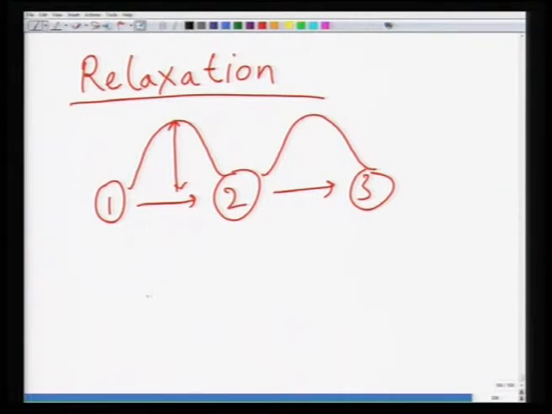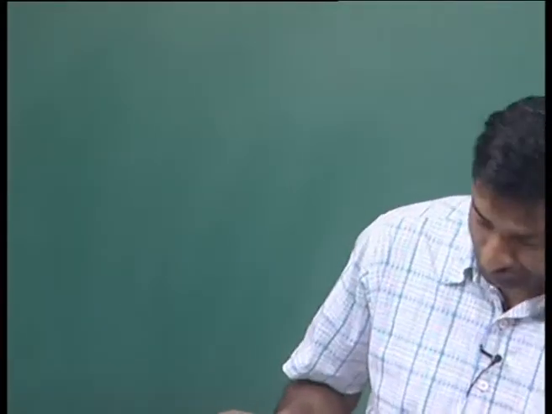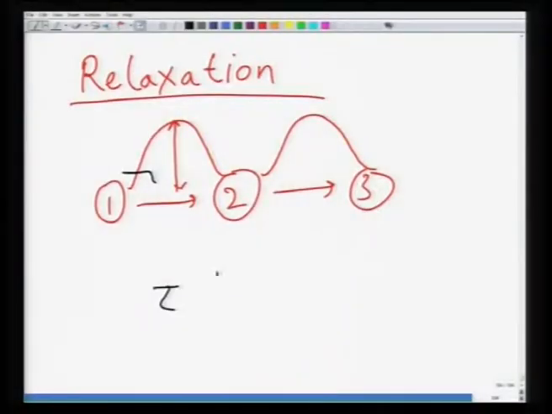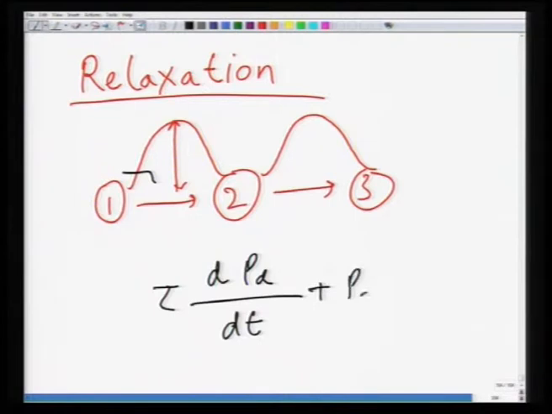And for this relaxation we looked at the relaxation equation, for which we considered what is called a bistable dipole model. That relaxation equation we said was tau dP_d/dt plus P_d equals P_s, and this is based on this plot.